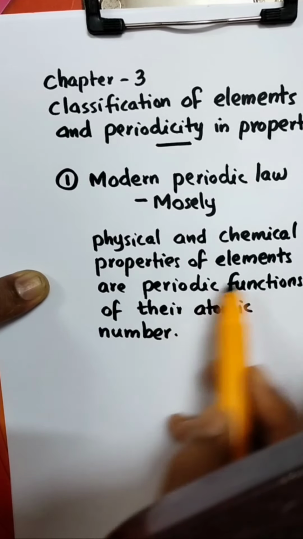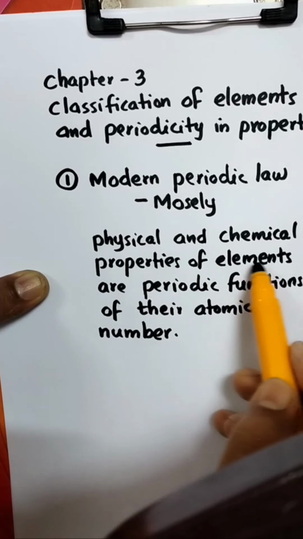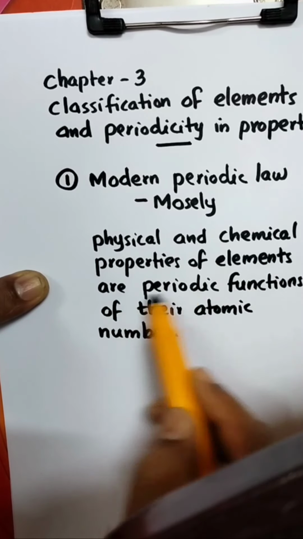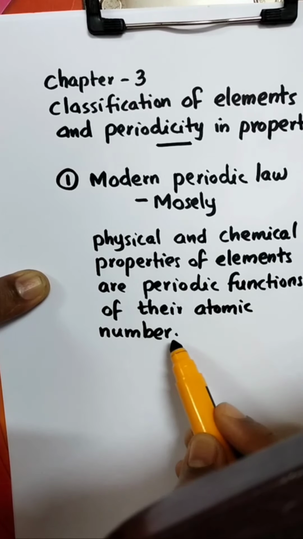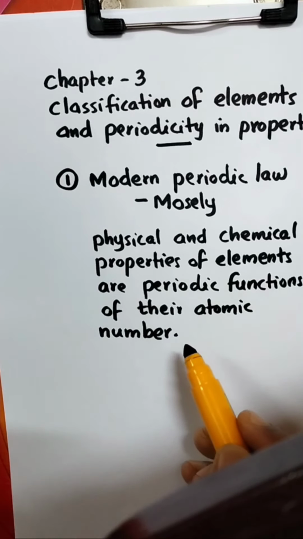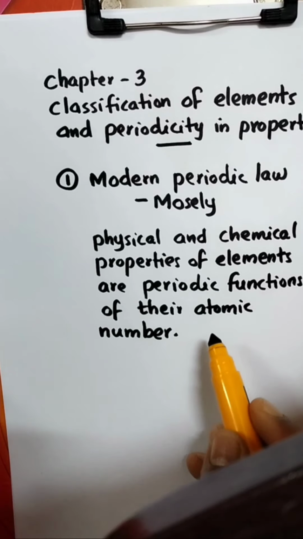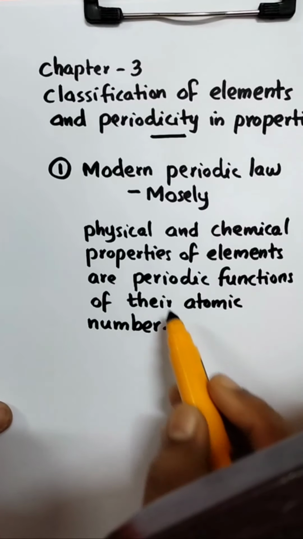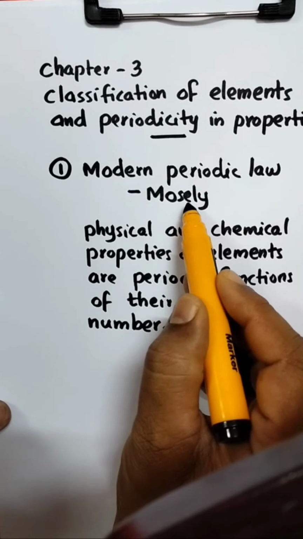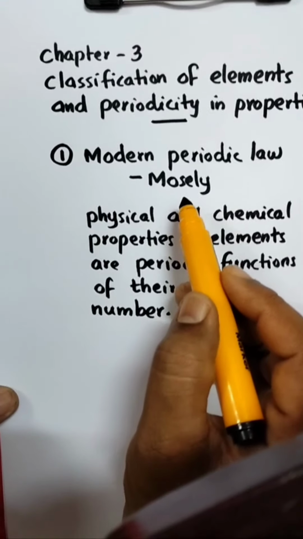That is, physical and chemical properties change with change in atomic number. This is modern periodic law, and this law was introduced by Moseley. This is the first question.